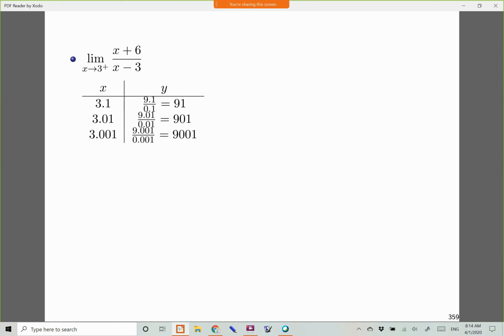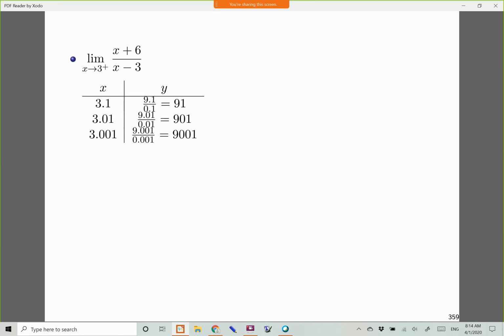3.1 plus 6, that's 9.1. These are numbers that don't have to be so bad, even without a calculator. So then 9.1 over 0.1. We've talked about it before, so I didn't want to write it all out. But dividing by 0.1 is the same as dividing by 1/10, or the same as multiplying by 10. So 9.1 times 10.